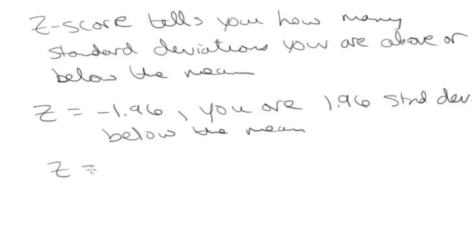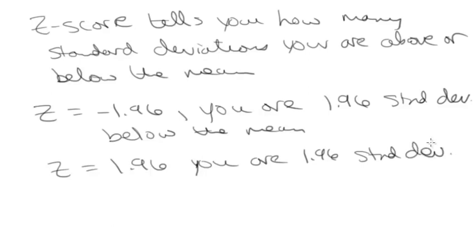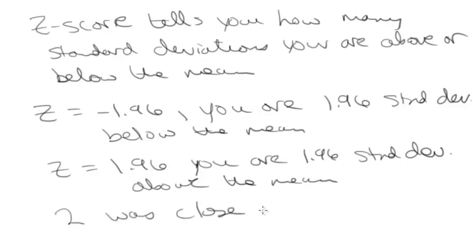And if the z-score is 1.96, you are 1.96 standard deviations above the mean. Now, I agree, 1.96 does round to 2, so 2 was close enough.